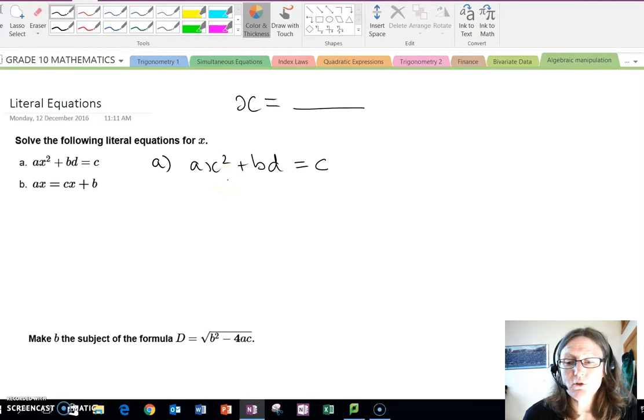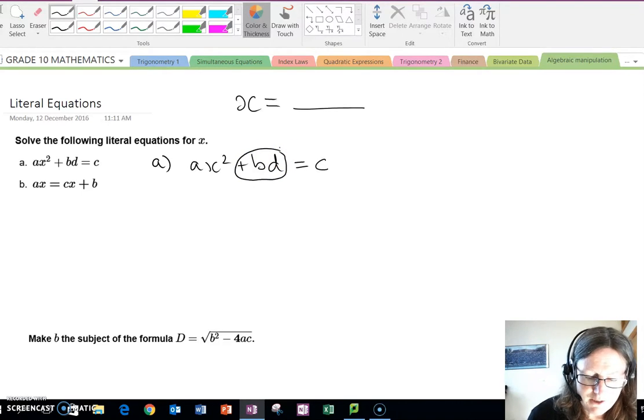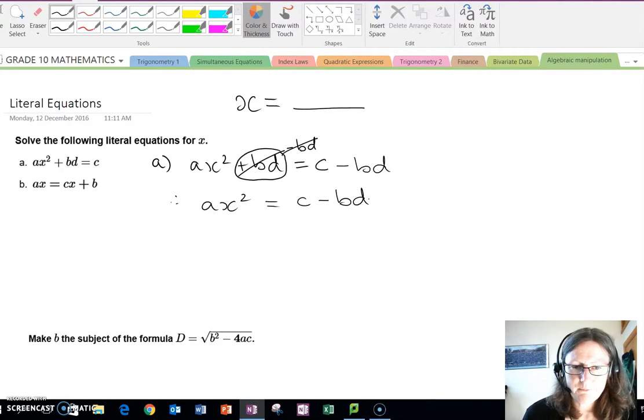So we need to move onto the right hand side all the other things. So how do I cancel this off this side? If I add BD, if I then subtract BD, that cancels. So I need to subtract BD from this side. So I'm left with AX squared is equal to C subtract BD.